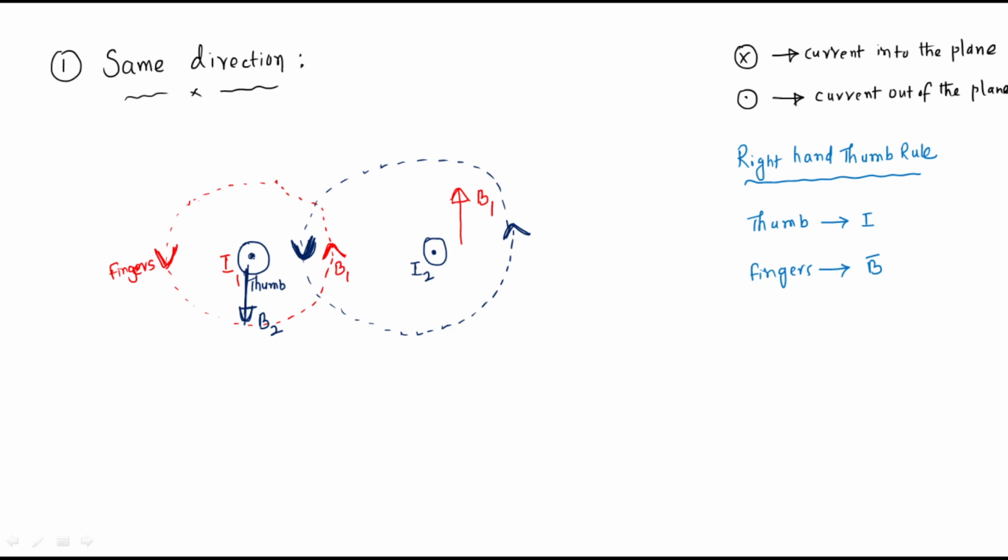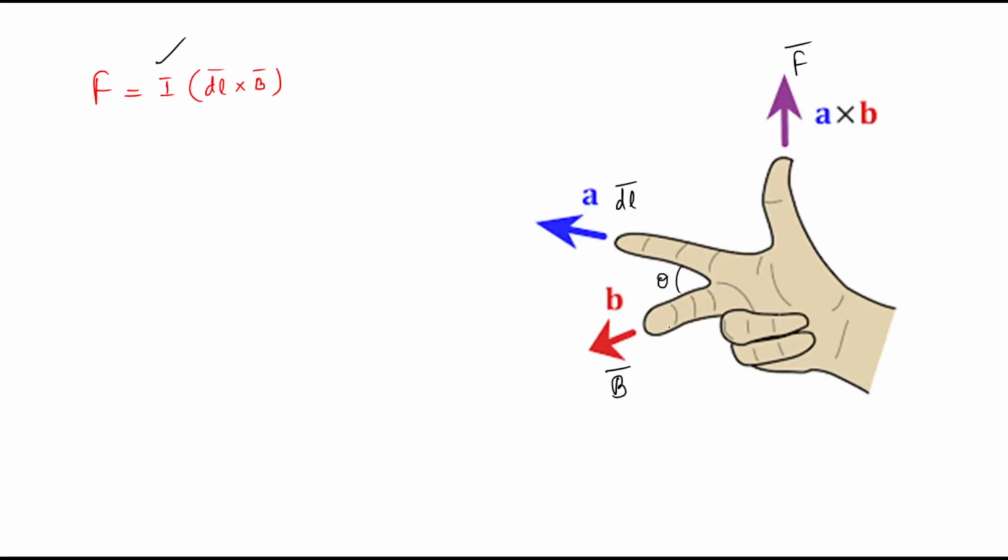And the magnetic flux density B1 is in the upward direction. If the forefinger is the direction of dl, the middle finger represents the direction of magnetic flux density, so obviously the thumb represents the force.